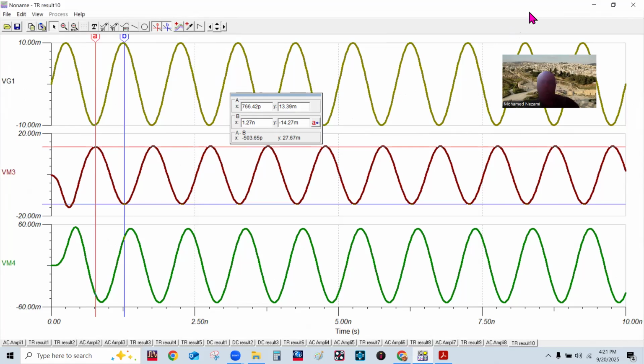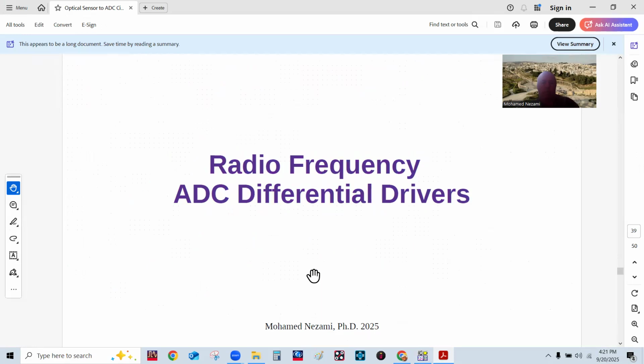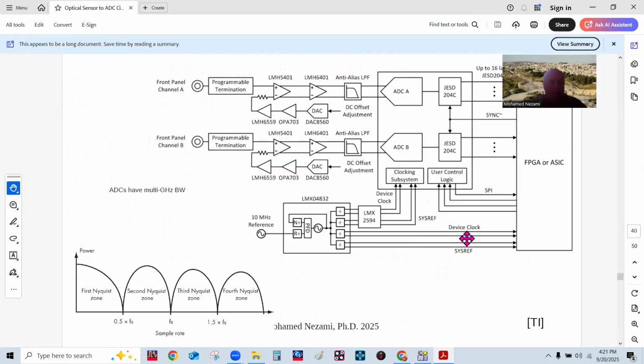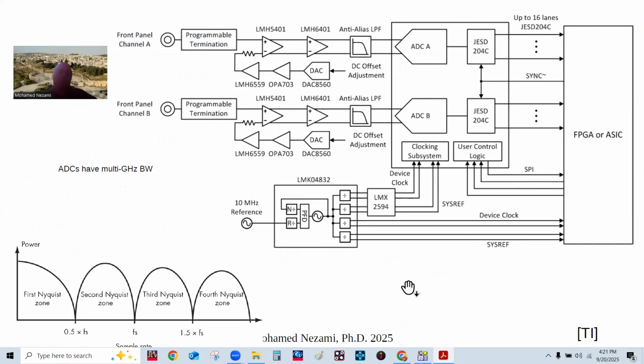All right, let's see what else. We go to the next topic, the last topic. Before we introduce the last thing, this is showing you a block diagram of a typical front end for high frequency sensors.